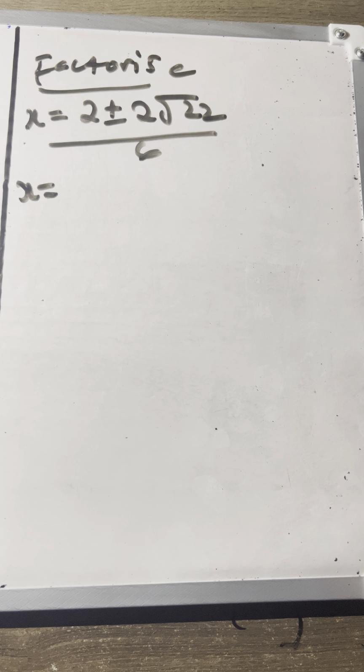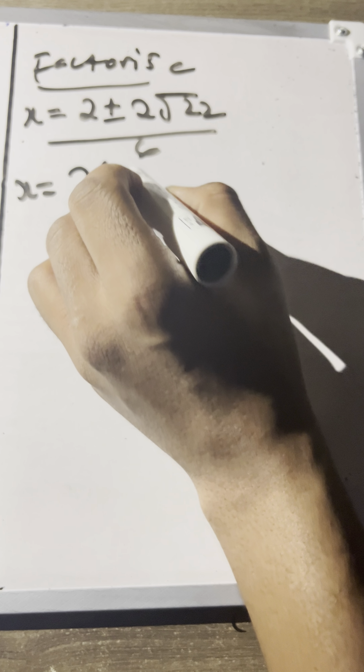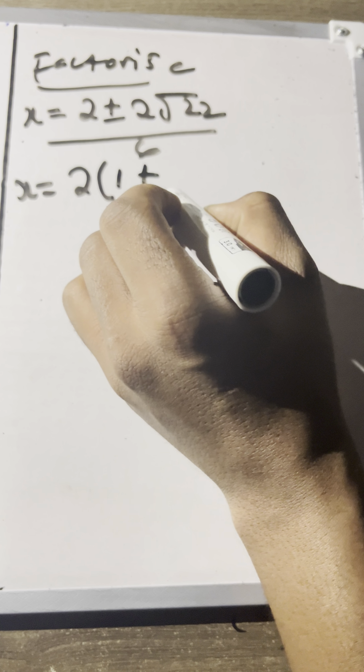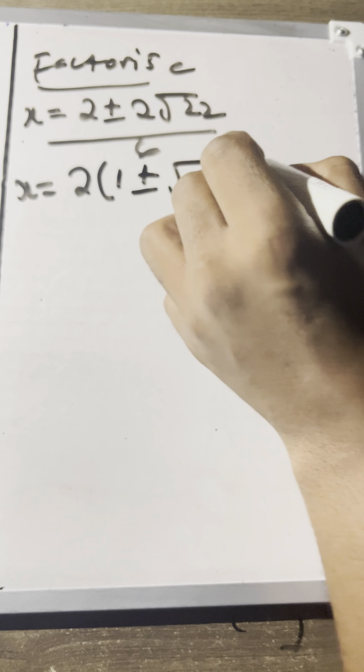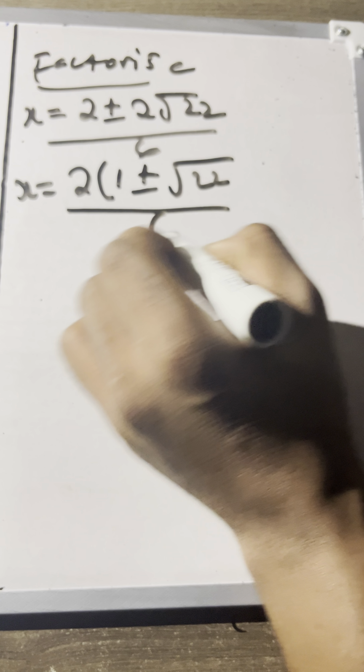Now x is equal to 2 times 1 plus or minus the square root of 22, divided by 6, which is 2 times 3.